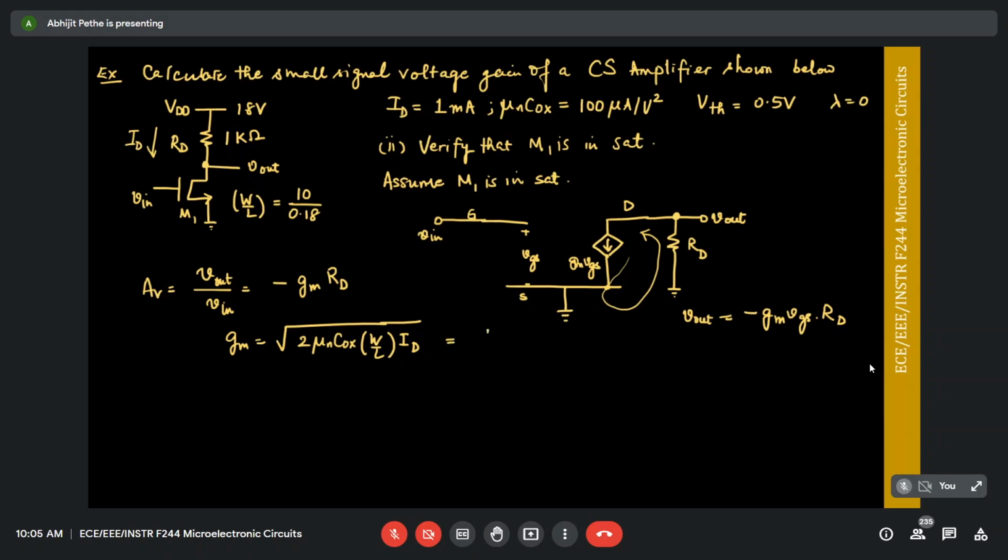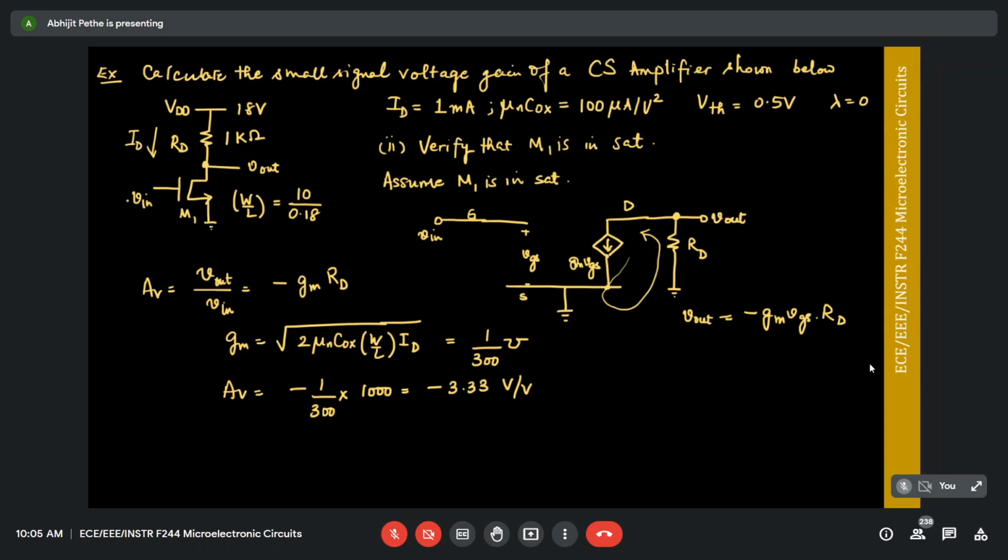This works out to around 1 by 300, units of moles. And so therefore the gain is given by minus 1 by 300 into 1000, which is minus 10 by 3 or 3.33 volt per volt. So that is the small signal gain of this circuit.